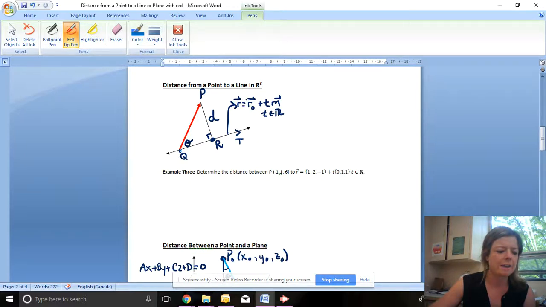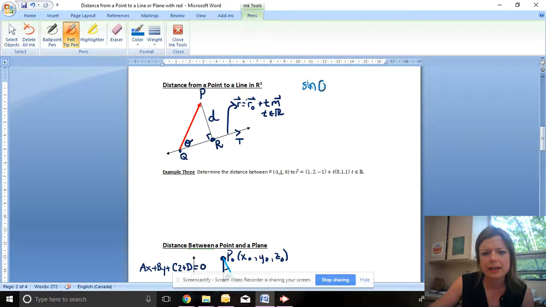And then we can create a vector QP, which contains an angle theta with the line. Let's recall that, by SOHCAHTOA, sine theta in this case would be opposite, D, over hypotenuse, the magnitude of vector QP. If we rearrange this, we get D is equal to the magnitude of QP, from any point on the line to the given point, times sine theta.